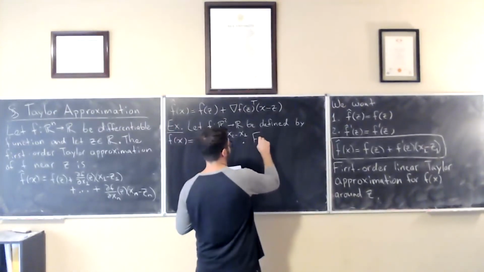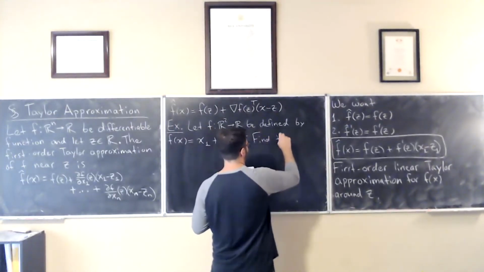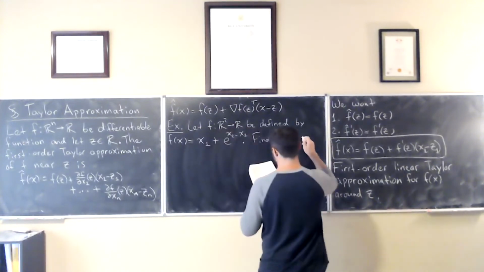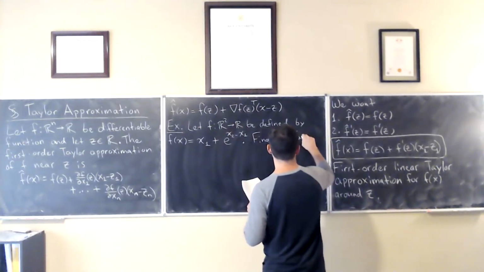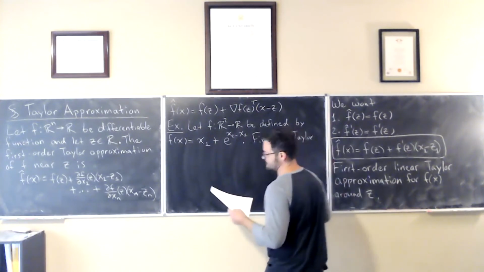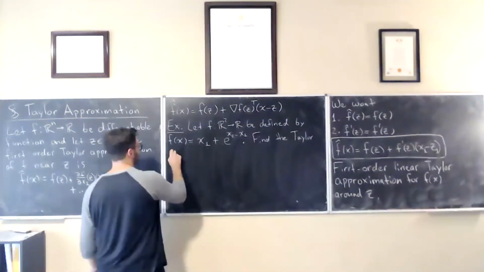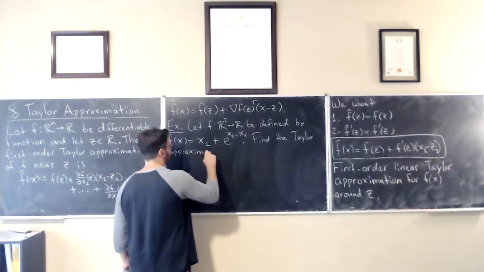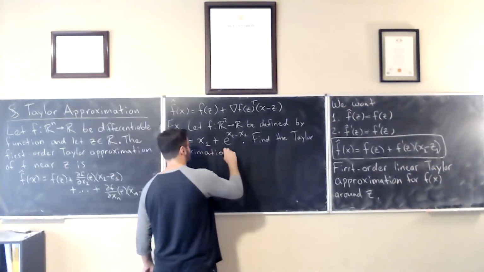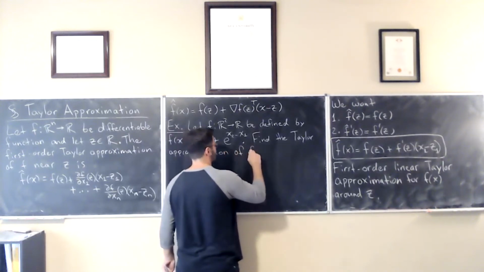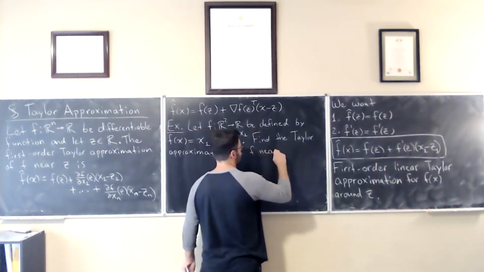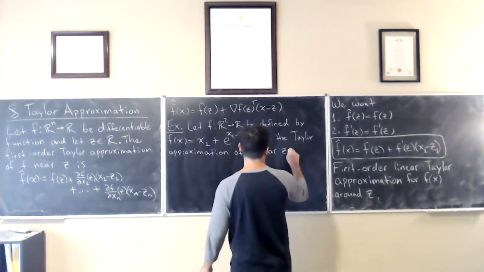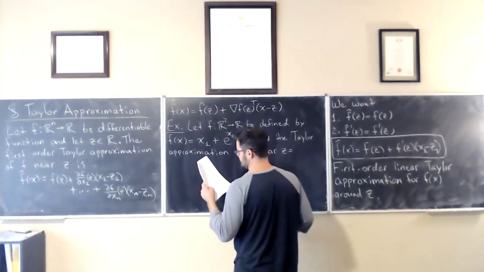Okay, and then it says find the first order Taylor approximation of f near the vector z equals (1, 2).